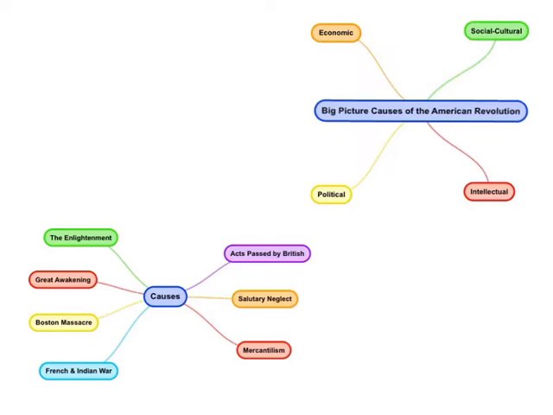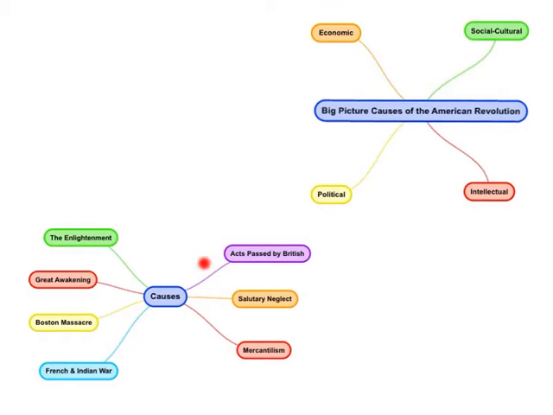Now let's discuss some more specific details about the causes of the American Revolution. We already talked about the big picture causes as we saw in the previous slide. But right now I just want to introduce to you some more specific causes of this rather epic revolution. First off, there were tons of acts passed by the British, and those acts caused a lot of problems for American colonists, so we need to understand what those are.